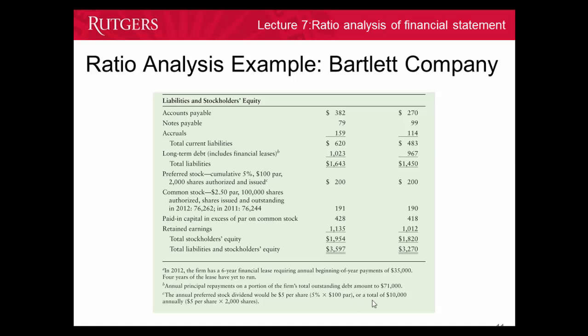As you can see, total stockholders' equity is 1,954,000. We subtract the preferred stock, which is 200,000, and we obtain the common stock equity, which is 1,754,000.